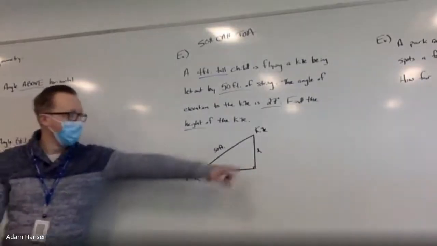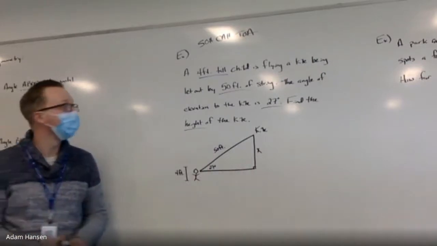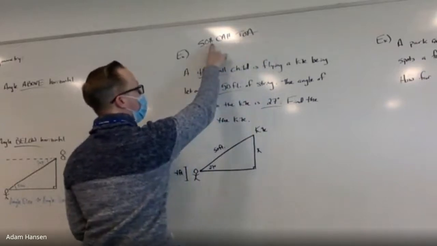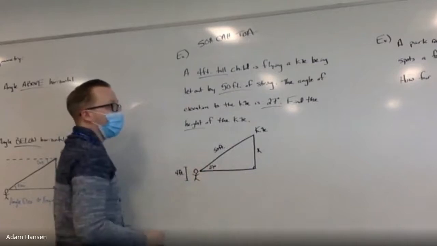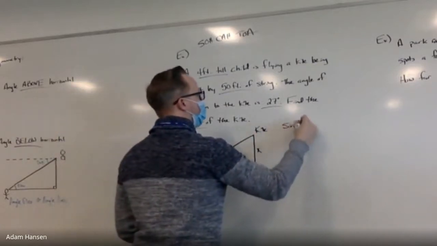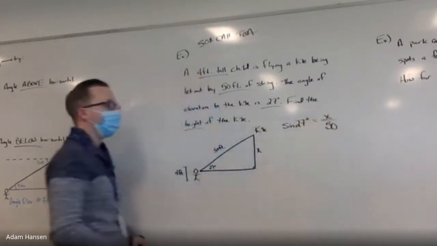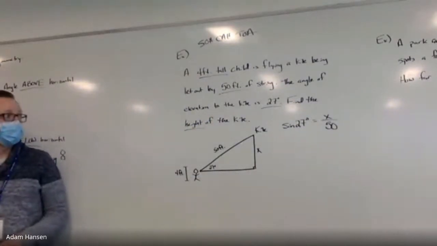So opposite to hypotenuse is which trig ratio? Sine. I've got SOHCAHTOA written up on the board here. So opposite to hypotenuse, x to 50, that's the same as the sine of 27 degrees. There's our proportion. Sine of 27 degrees equals x over 50.